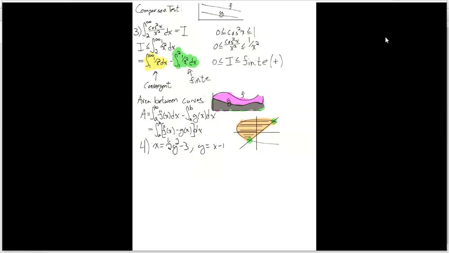So what we're going to do is set them equal and find out when that happens. So we've got y plus 1. So that's the second equation manipulated, so it's just x, right? And then we'll set them equal. It is equal to this 1/2 y squared minus 3. And now we need just to solve this quadratic. So the next step for this guy, just collect all the terms.